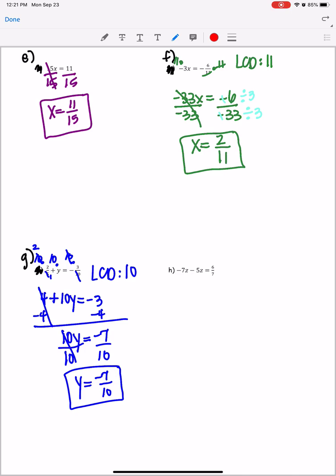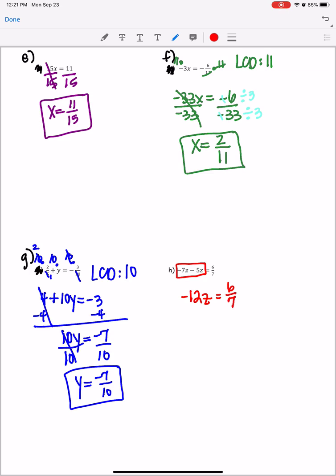So here, first, before I even mess with the LCD, I'm going to go ahead and combine my like terms. So -7 minus 5 gives me -12. So I get -12z equals 6 over 7.